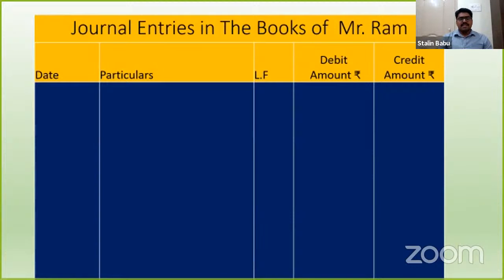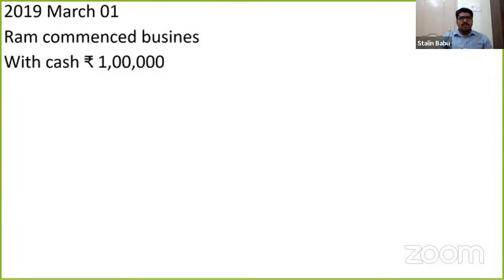Let us see the transactions. On 2019 March 1st, Ram commenced business with cash rupees 1 lakh. So we are going to journalize the transaction. We learned in the previous chapter the steps of journalizing.